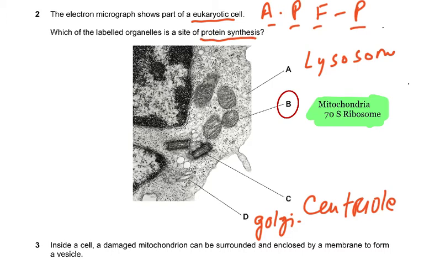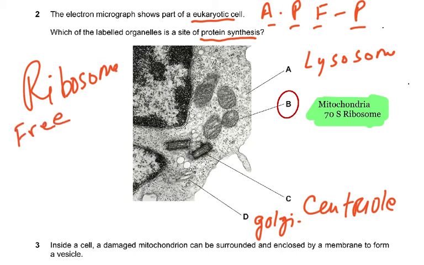Protein synthesis can only be where there are ribosomes. Now, where are there ribosomes? There are ribosomes in the cytoplasm. So we have the free ribosomes in the cytoplasm. Then we have the fixed ribosomes on the RER. But this was not anywhere here. But here we had mitochondria. And mitochondria has 70S ribosomes.